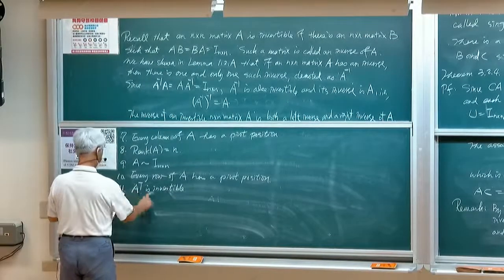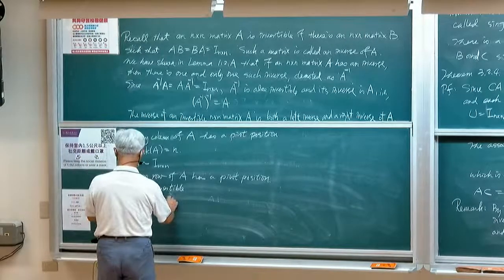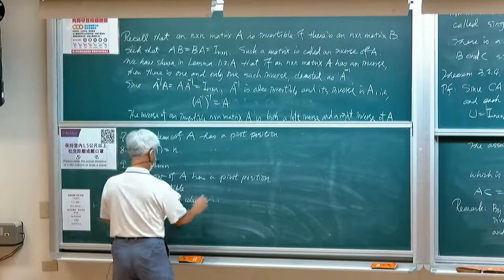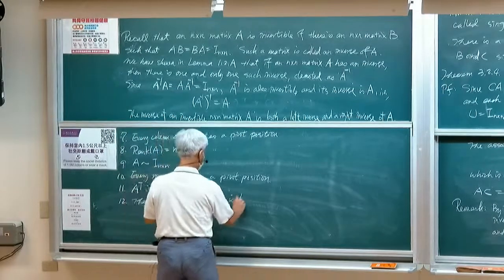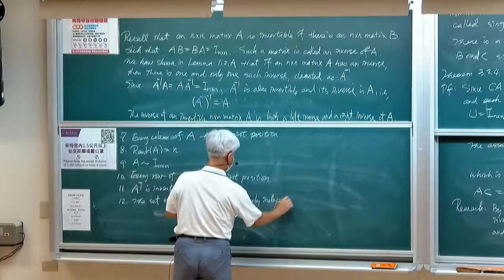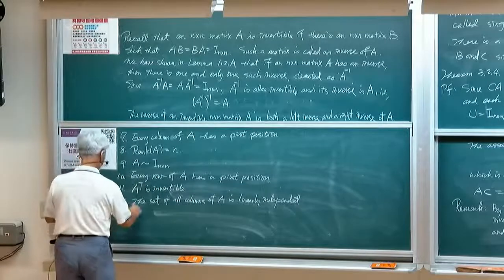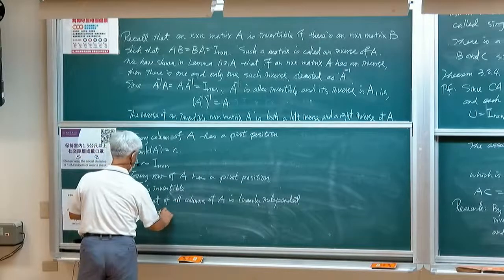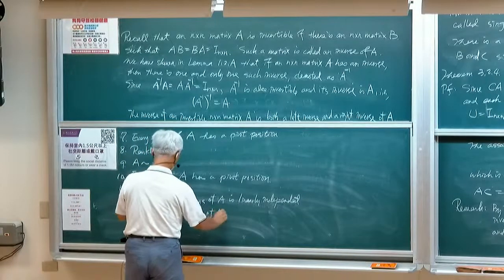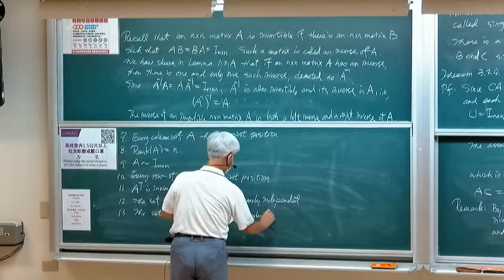12, the set of all columns of A is linearly independent. The corresponding statement would be that the set of all rows of A is linearly independent.